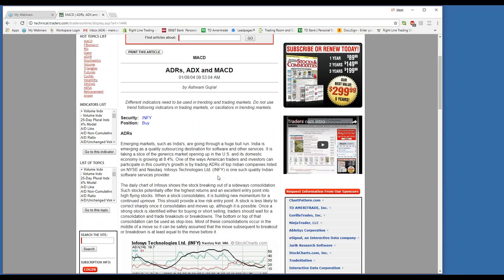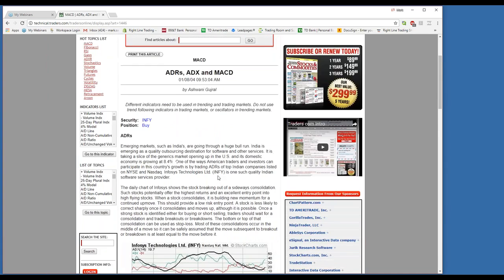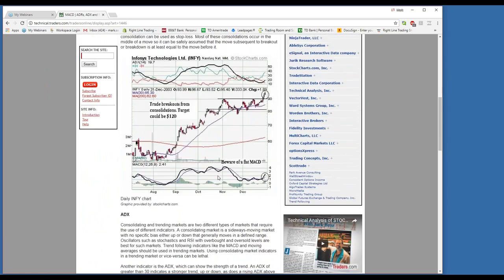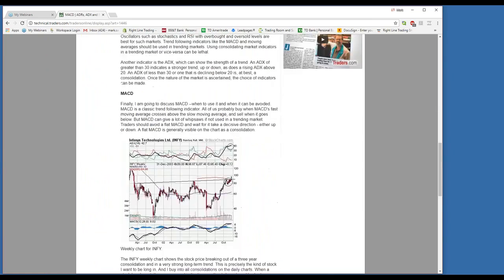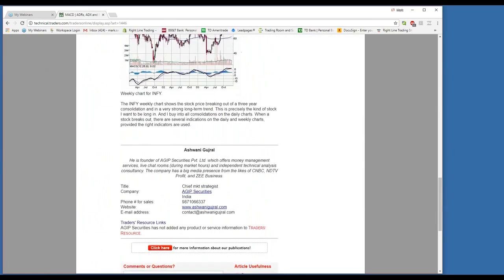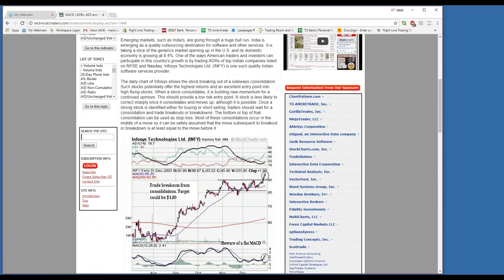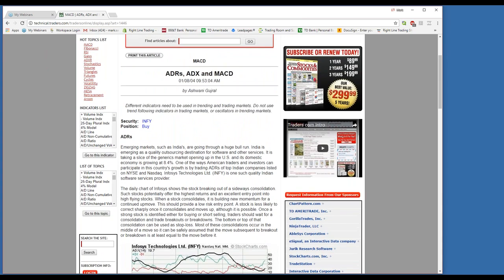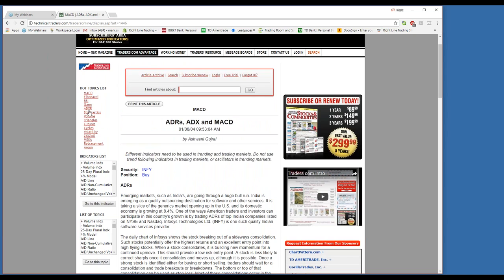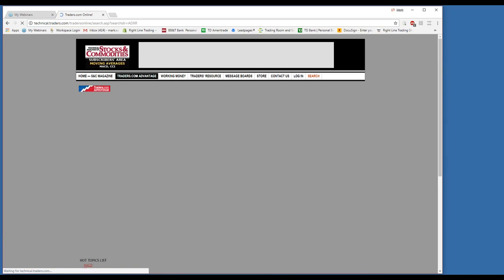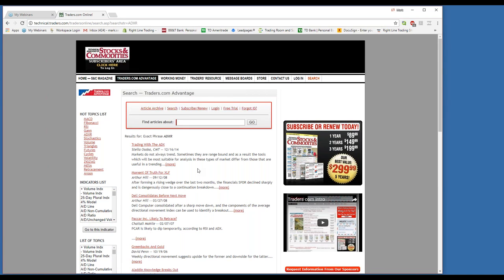I don't see what the ADX is, but the ADR is average directional range. The indicator is called the ADXR, here it is. I can't tell you what the ADX stands for, but the ADR is average directional range.